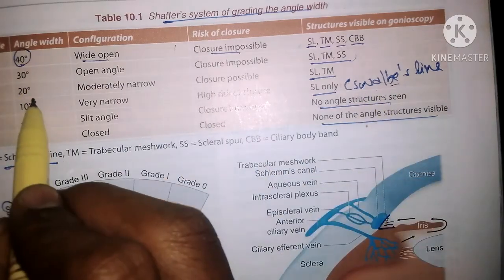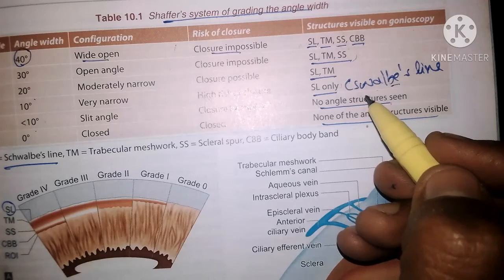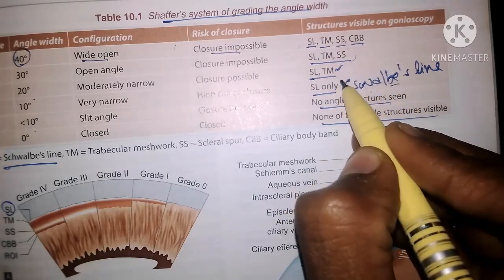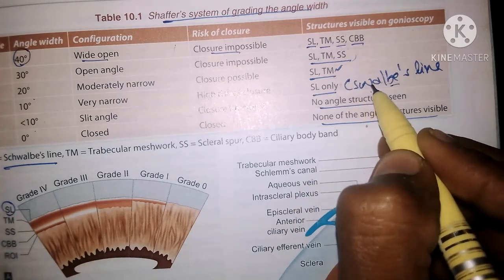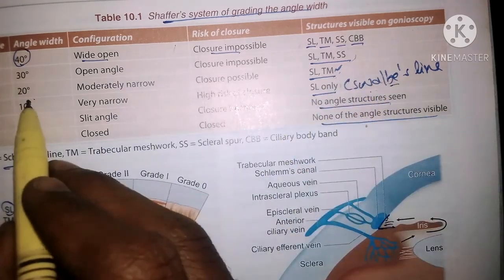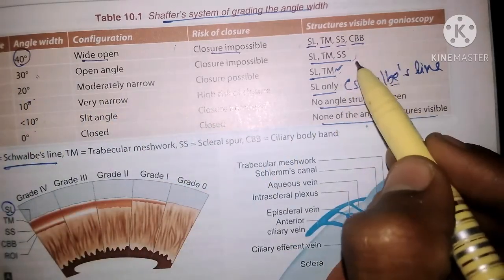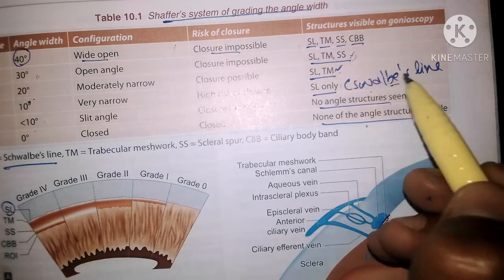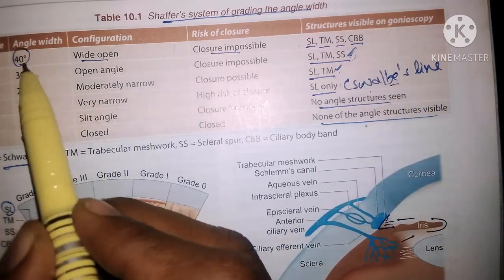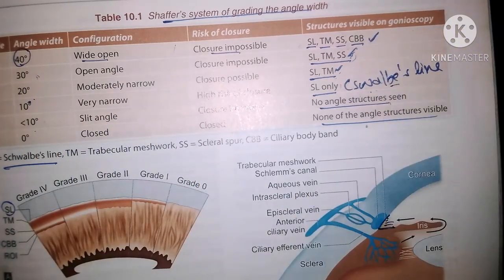If the angle is 20, then we can see one more structure, that is trabecular meshwork, along with Schwalbe's line. If the angle is 30, then we can see one more, a third structure, that is scleral spur. If the angle is 40, then we can see one more structure, that is ciliary body band.